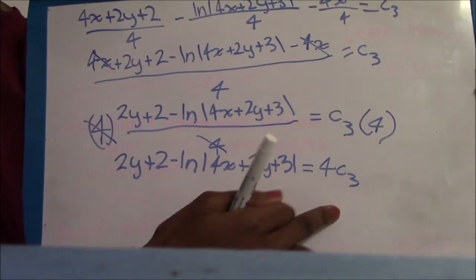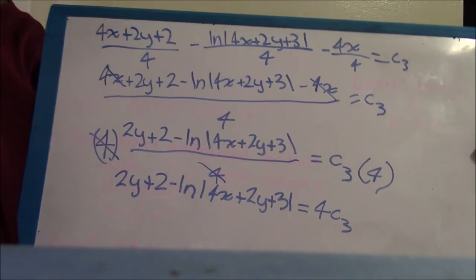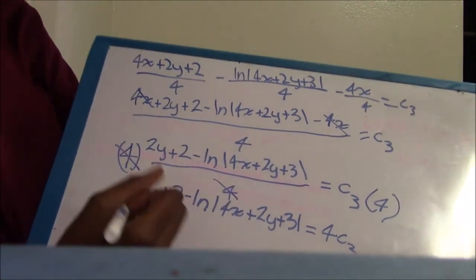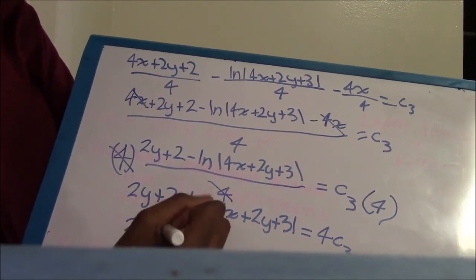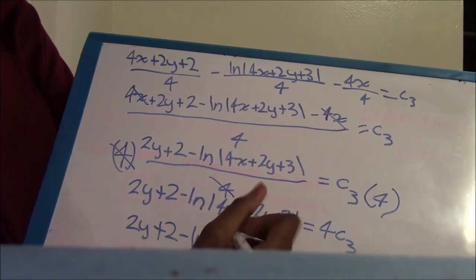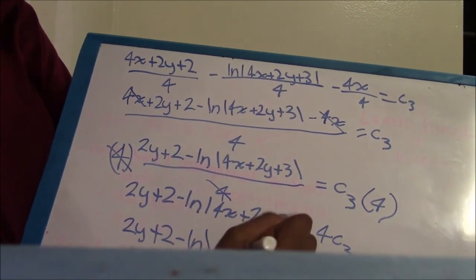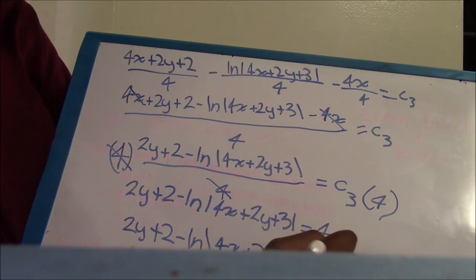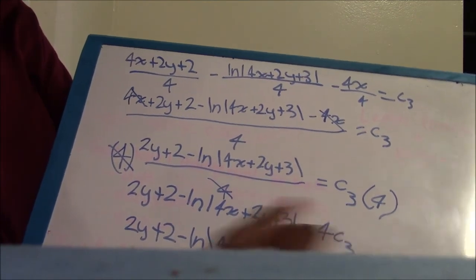Now 4C3, that's a constant. So now we can make it 2y plus 2 minus the ln of absolute value of 4x plus 2y plus 3 equals C. And this is going to be our final answer.